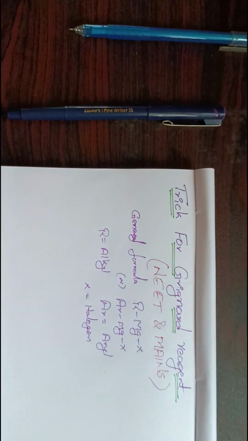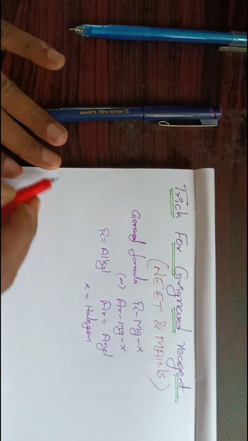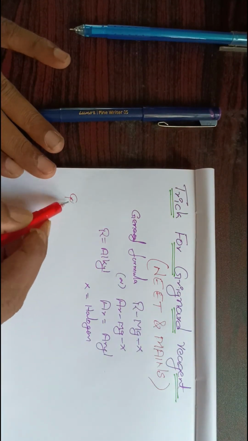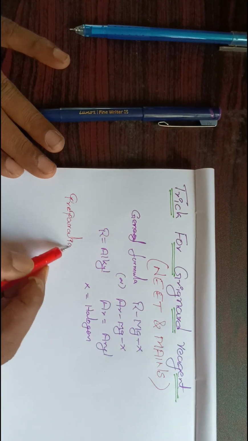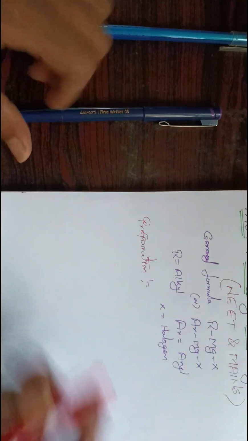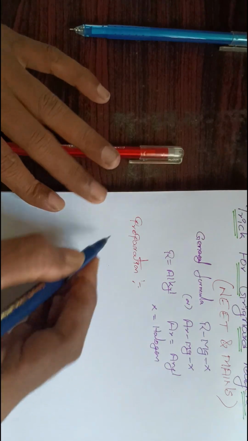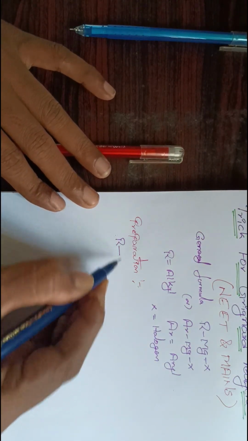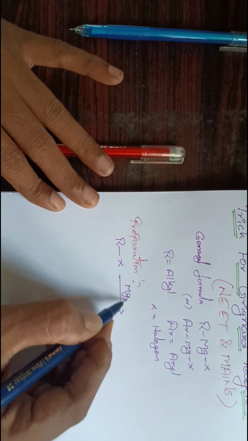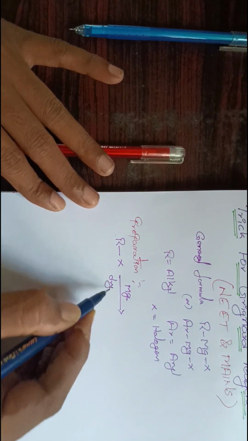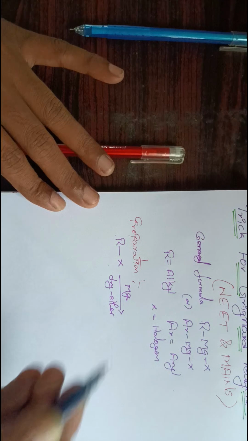So what is the preparation of the Grignard reagent? Grignard reagent is prepared from haloalkanes, general formula RX, on reaction with magnesium in presence of dry ether. The solvent is dry ether here.